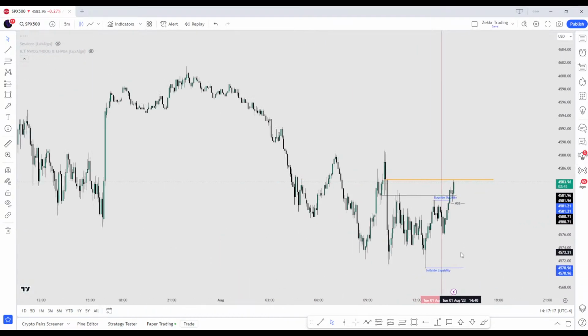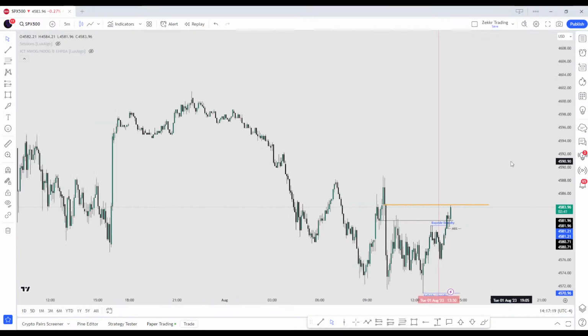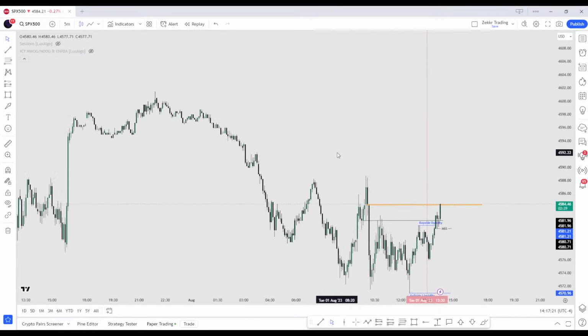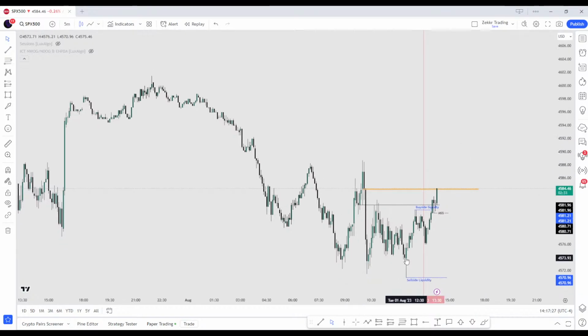We do have some liquidity above here, so we can't count that, because at the end of the day, this is AM session liquidity, which is really powerful, highs and lows. So I would maybe do that, but otherwise, not really.